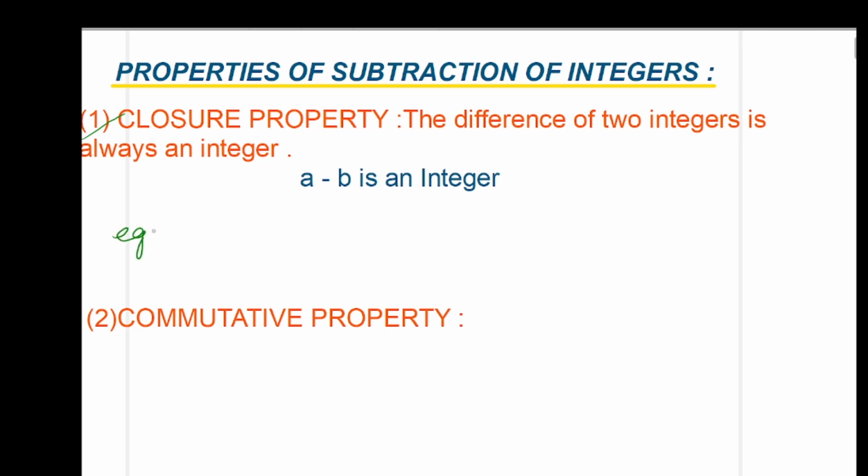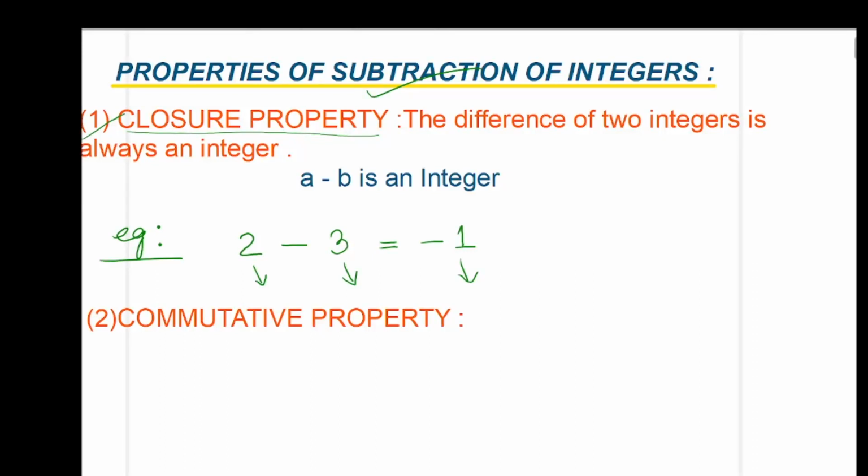So for example, 2 minus 3. What will be the answer? Minus 1. So 2 is an integer, 3 is an integer, and minus 1 is also an integer. So integers satisfy the closure property under subtraction.